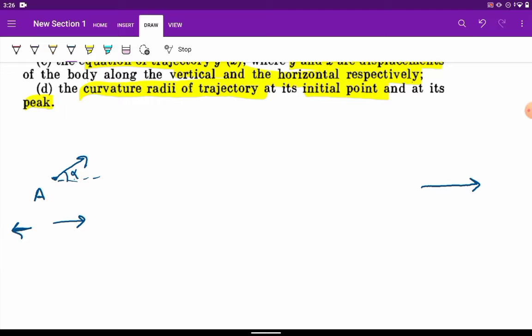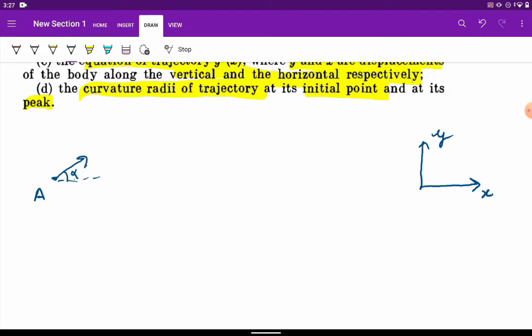So we'll consider this as the positive x and vertical as the positive y. This was for explanation, so I'll just remove this.